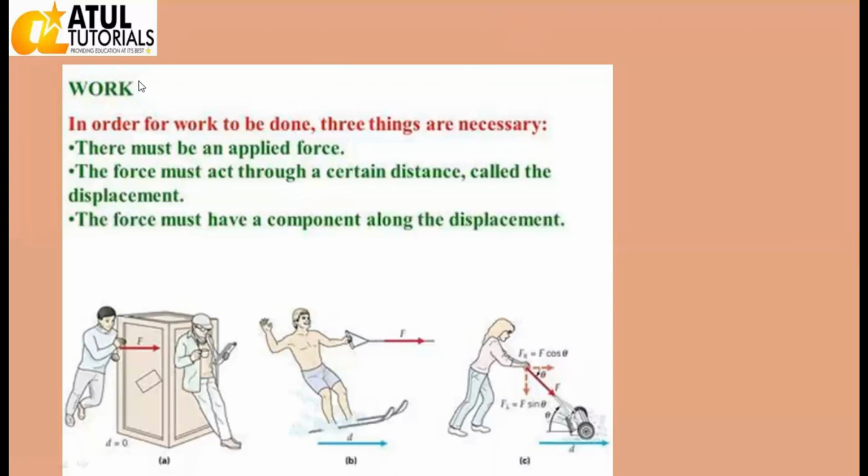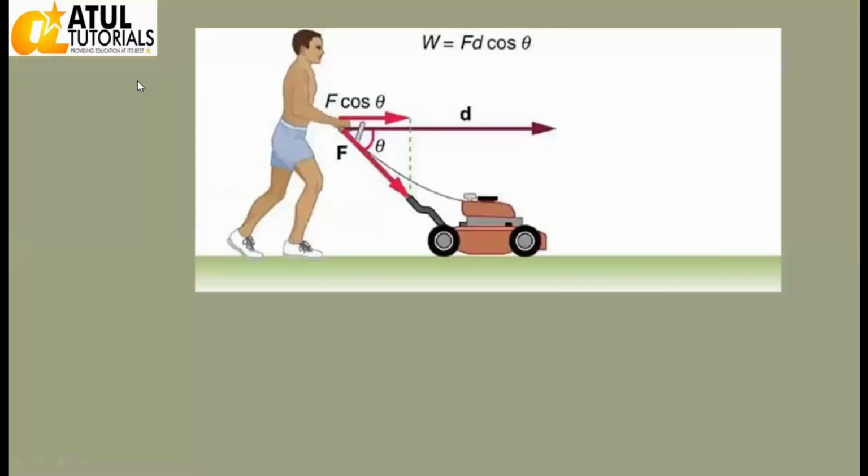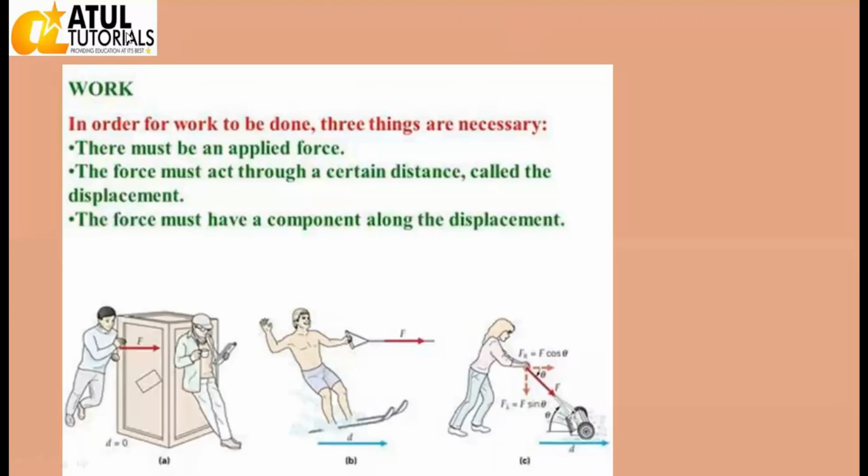As we have discussed, we can call any task as work done, as scientific work done, if two conditions are satisfied. First one is the application of force, and second one, there should be displacement.